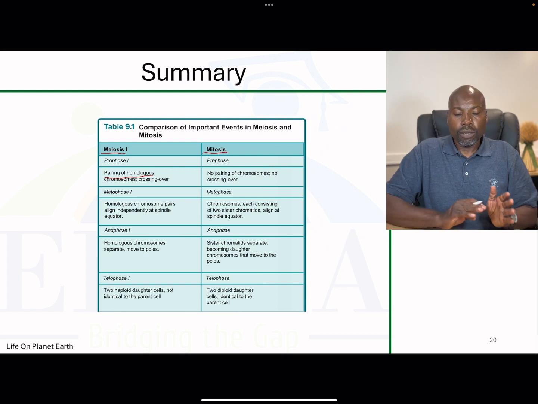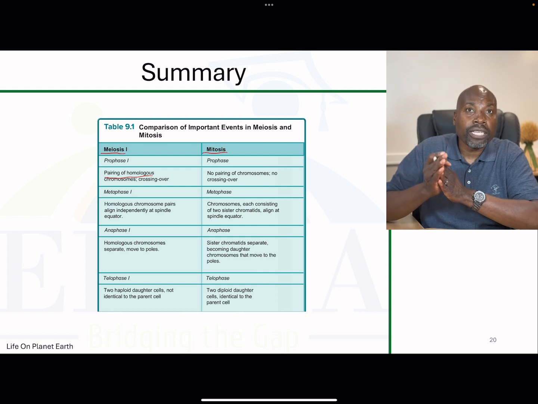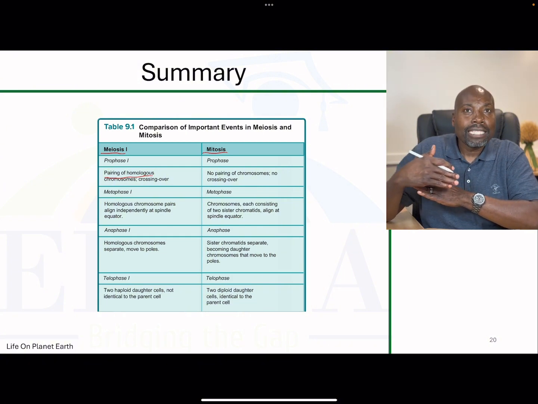In metaphase 1, homologous chromosomes line up on the equator line, while in mitosis chromosomes line up in metaphase, but that lineup is not dependent on being homologous chromosomes or not.